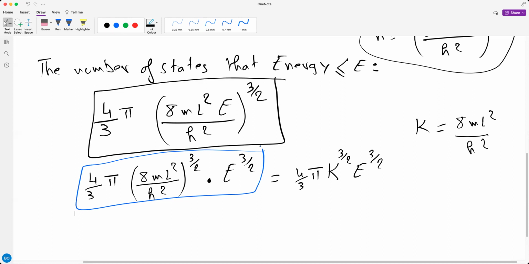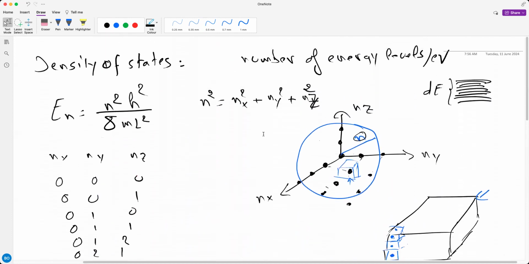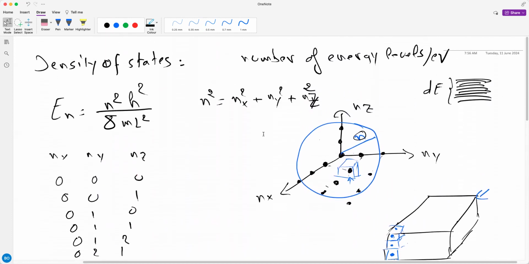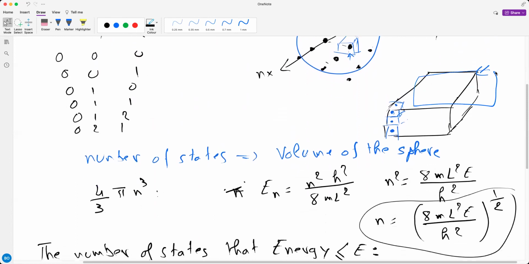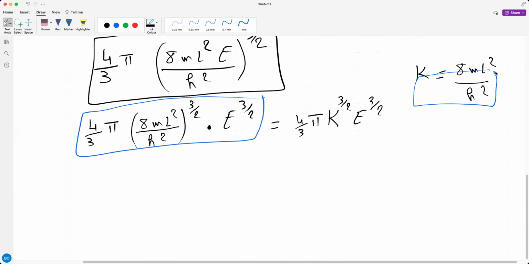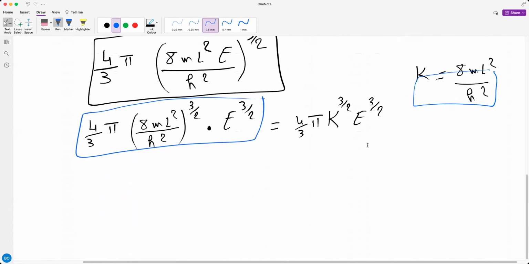What do we want? Let me go back to our original plan. Original plan: I want to know how many states I have in a very small element. So what I can do is the following. Again, I will do this drawing.